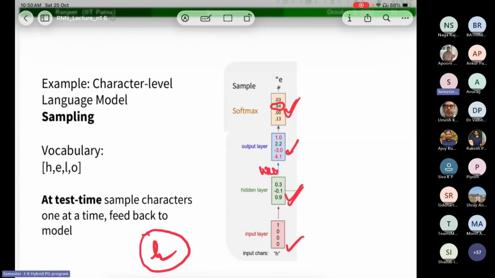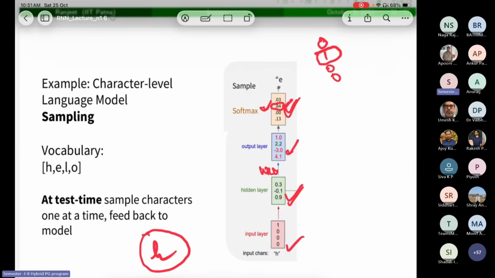If I'm getting a maximum 0.84 probability at this point, then I'll say, hey, this belongs to this class. And what is this class? This class is E, because E is having 0, 1, 0, 0. That means it is having the maximum value at this point. So I'll say the class of this is E.